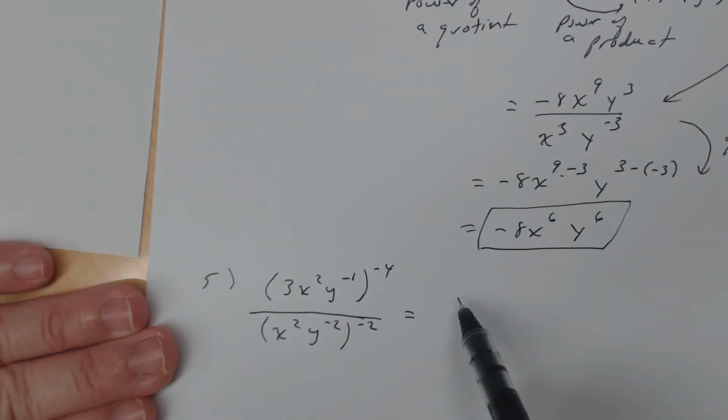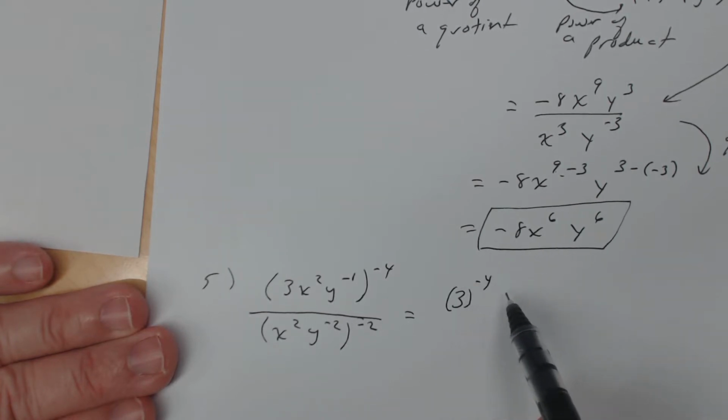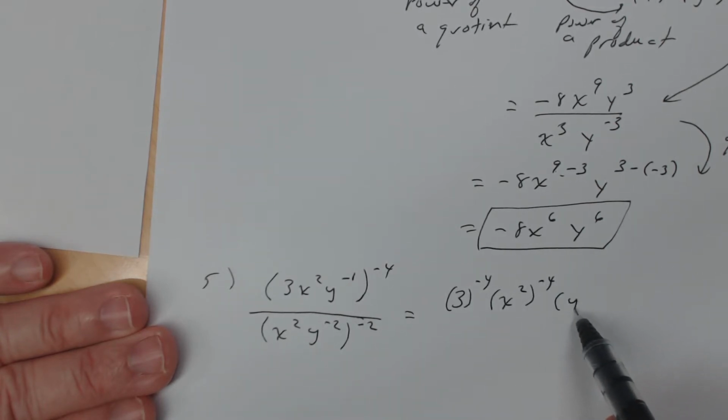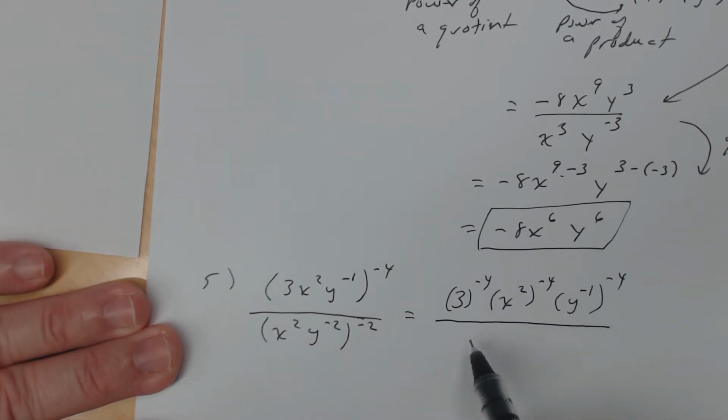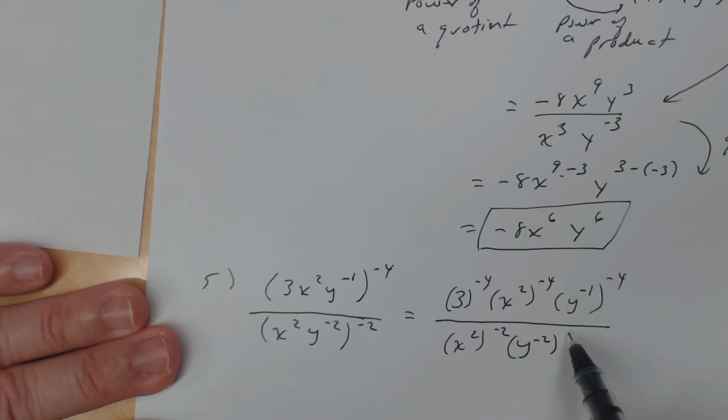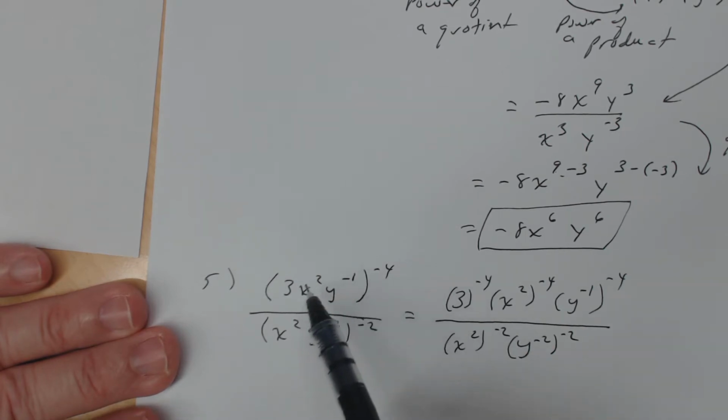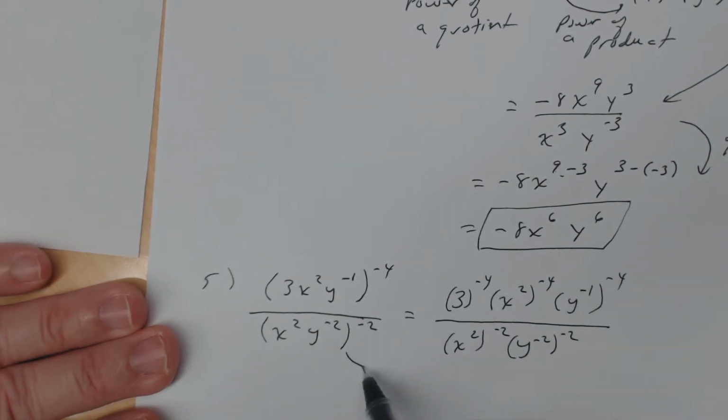So I'm going to have 3 to the negative 4th power times x squared to the negative 4th power times y to the negative 1 to the negative 4th power, divided by x squared to the negative 2nd power times y to the negative 2nd raised to the negative 2nd power. So all I'm doing in the numerator and denominator is using the power of a product.